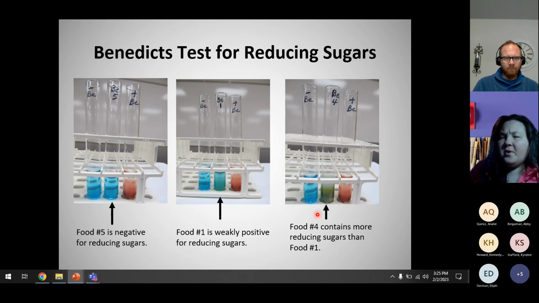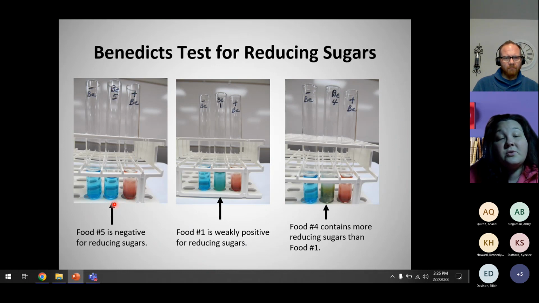The next test is for reducing sugars. A reducing sugar is a sugar that gives an electron to another molecule, like glucose is a reducing sugar. So here we have the negative control. That's what it looks like if it's negative. And the positive control, that's what it looks like if it's positive. And this guy is negative because it matches the negative control.